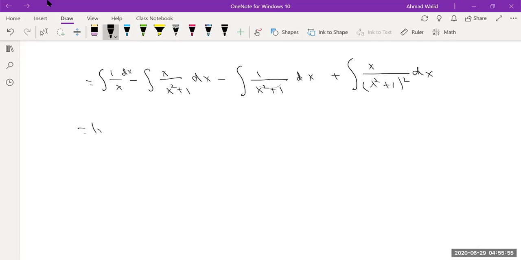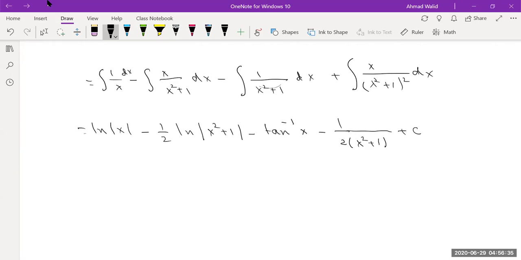Your answer will be ln absolute value of x for the first part, minus 1/2 ln absolute value of x squared plus 1, minus tan inverse of x, minus 1/2 times 1 over x squared plus 1, plus c. That will be your final answer.